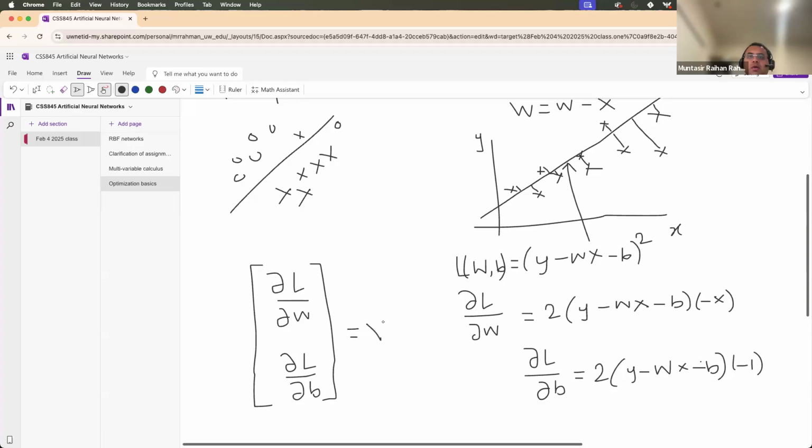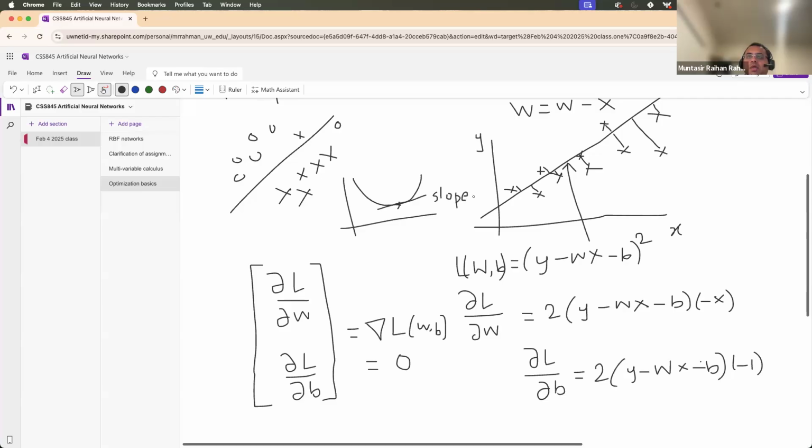This is the gradient of this loss function with respect to the parameters w and b. We want to set this to 0 because when we have a minimum, if this is a function, you can see that at the point where it is minimum, the slope is 0, which is the main idea of optimization.